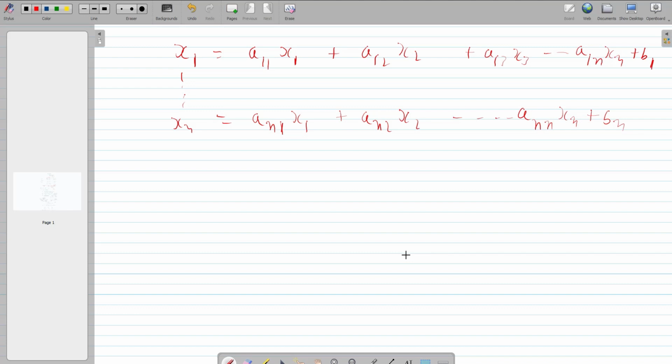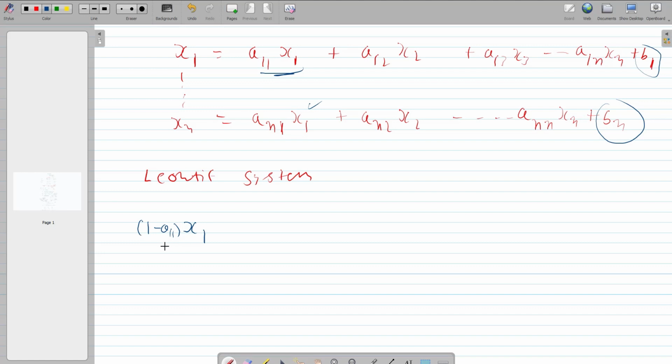Now the Leontief system. The Leontief system is nothing but when you rearrange this equation and bring all the x terms, that is all the unknowns, on one side, and the b terms on the other side. If I do it for this, it will be x1 minus A11 x1.